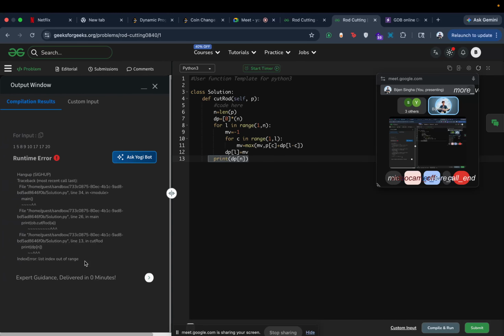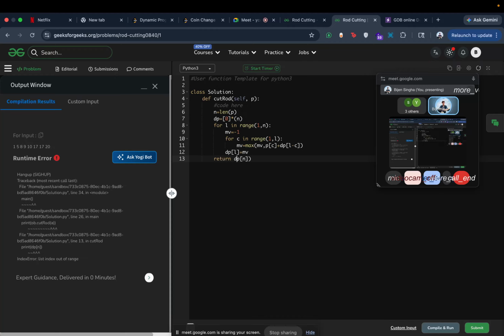What are they asking? Main function object.cut rod, list index out of range. What is out of range? Let me return, if I'm doing it in return.